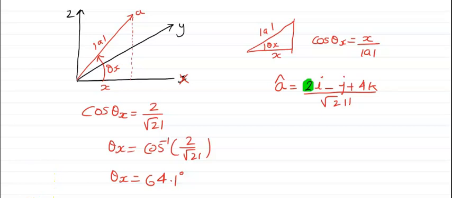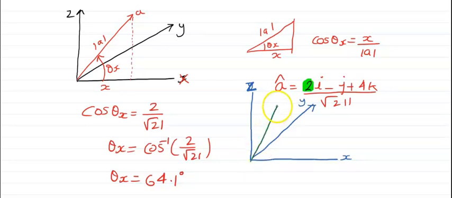Similarly, if the angle made with the y-axis is theta y, how are we going to solve that? Let's have a look. This is our 3D coordinates x, y, z, and here is vector A. Its distance from the origin is modulus A, and the angle made with the y-axis is theta y. If we draw a perpendicular from here, it will look like this.